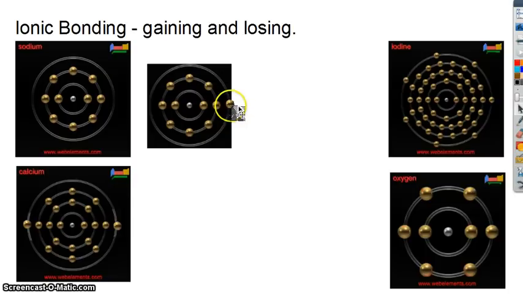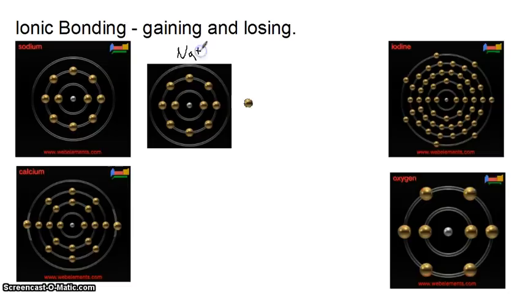It has 1 electron in the 3rd energy level that is not held onto very strongly, so that electron can easily go. This leaves sodium becoming a sodium plus ion, which would be written as Na plus. And then this 1 electron needs some place to go.